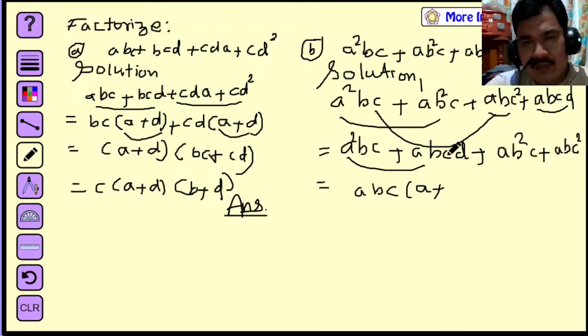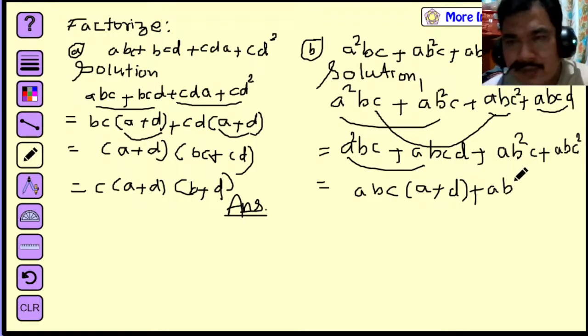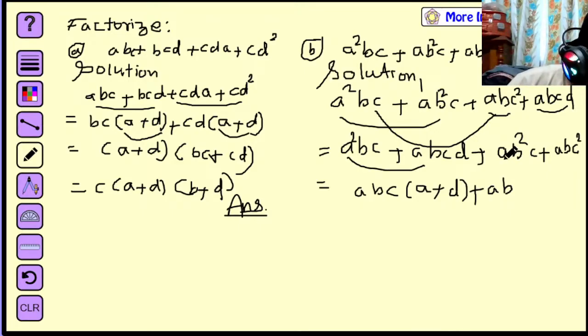And from here ABC common, then what is left there? D is left there. A plus D remaining here. Then what is common in this third and fourth? Look there. AB, AB there, right.